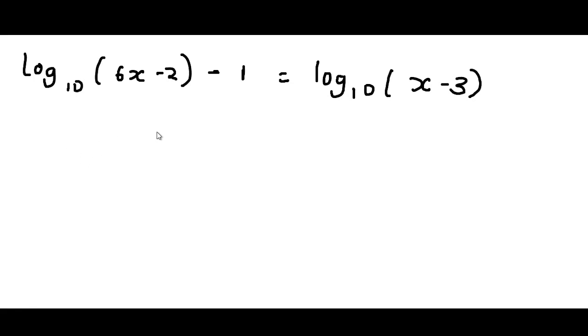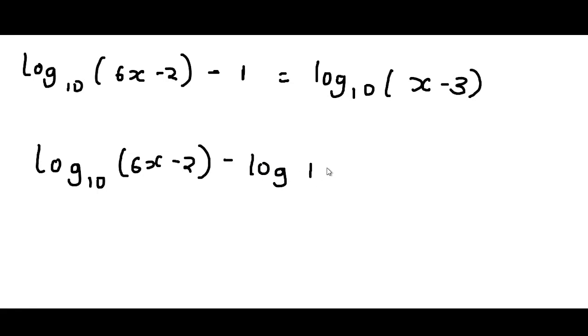So we try and write it in the form of logs, whereby we will write it as log base 10 of 6x minus 2, and we saw that 1 can be written as log 10 base 10, equals log 10 of x minus 3.